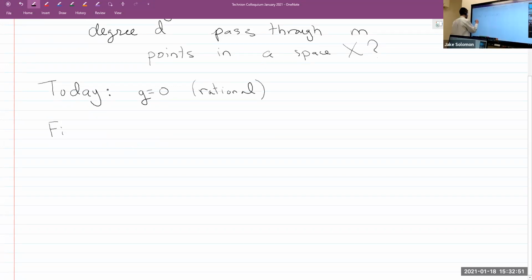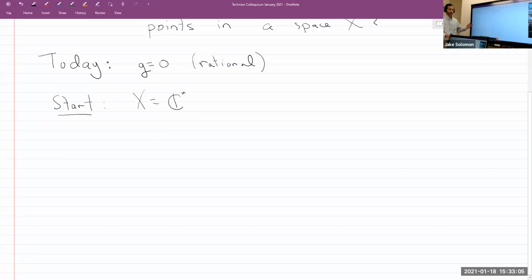For starters, let's consider the case where the space X is just equal to n-dimensional space over the complex numbers. And then what do we mean by a genus 0 curve, a rational curve?